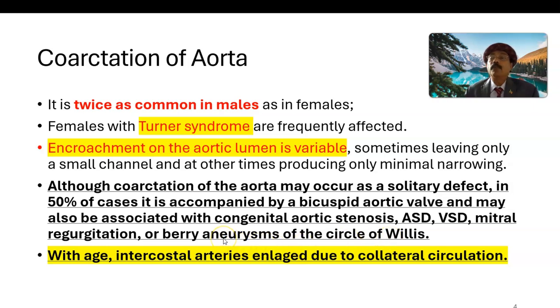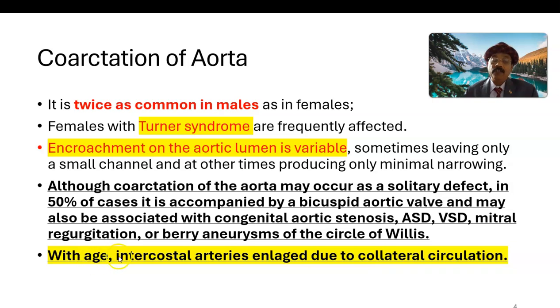Berry aneurysms are small dilatations of the blood vessel seen in the circle of Willis, may be at the bifurcation of the basilar artery into the posterior cerebral artery, or anywhere in or just beyond the circle of Willis, like at the anterior communicating artery, at the posterior communicating artery. So coarctation of the aorta may be associated with berry aneurysm.